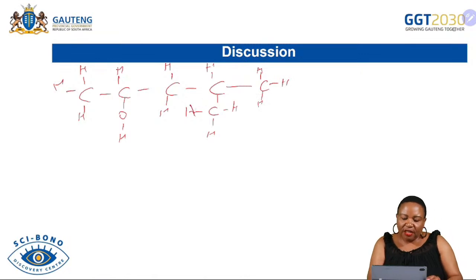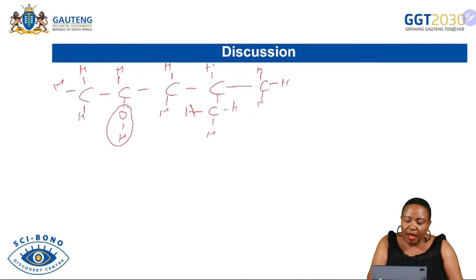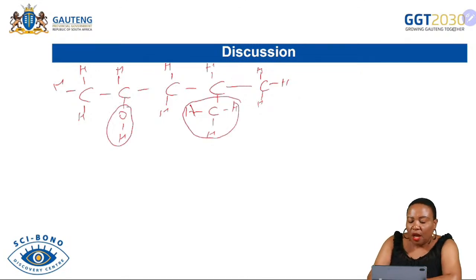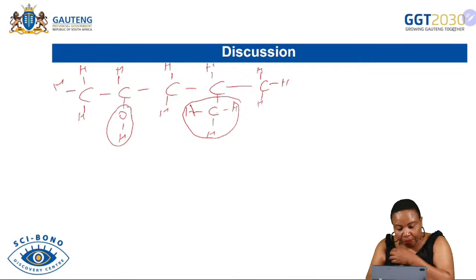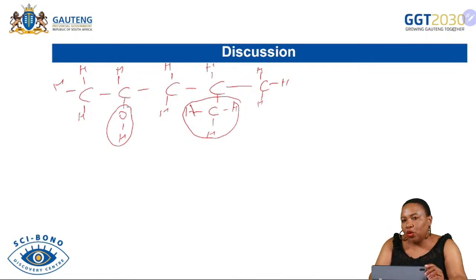Now, if you look at this structure and name it, you can see that we have an OH, so this structure has two things, two substituents: the branch and the functional group. So we always know that when we have a branch and a functional group in a structure, the functional group will always take preference. So in terms of numbering, it's going to be 1, 2, 3, 4, and 5.